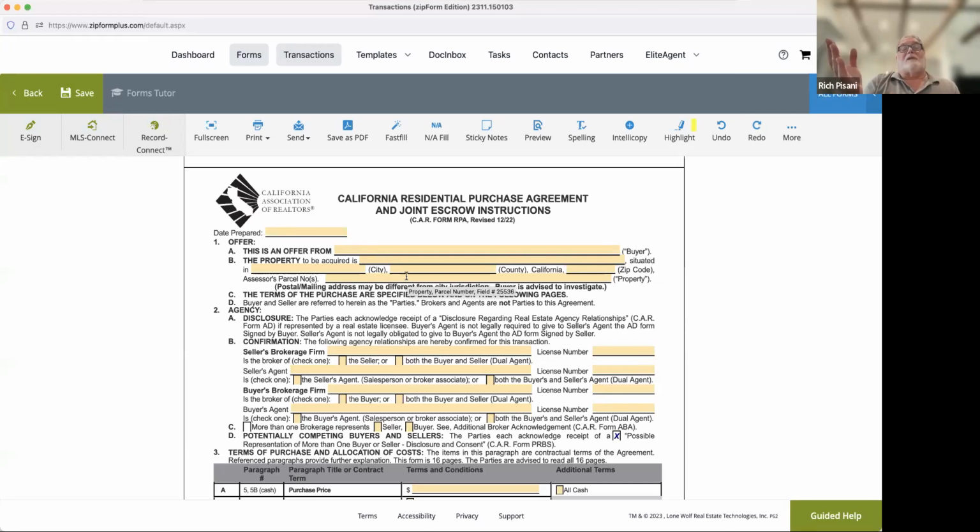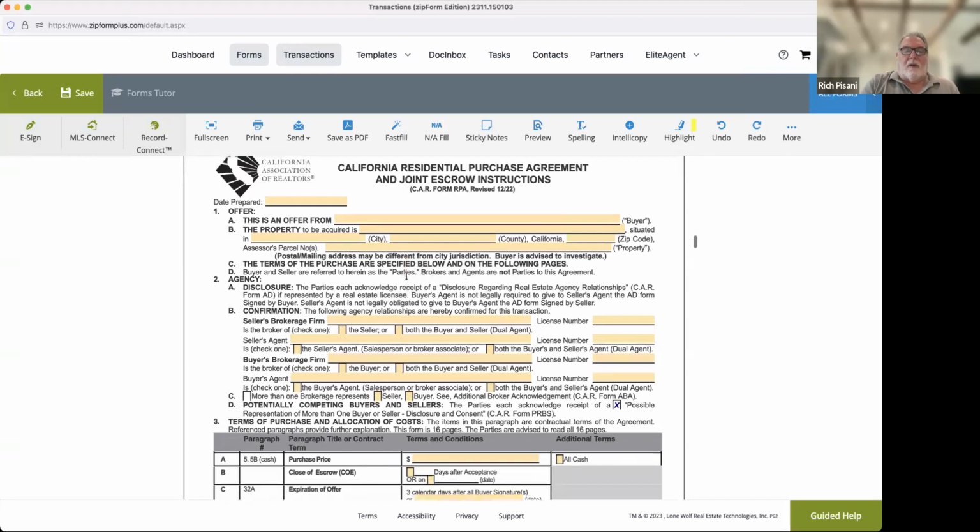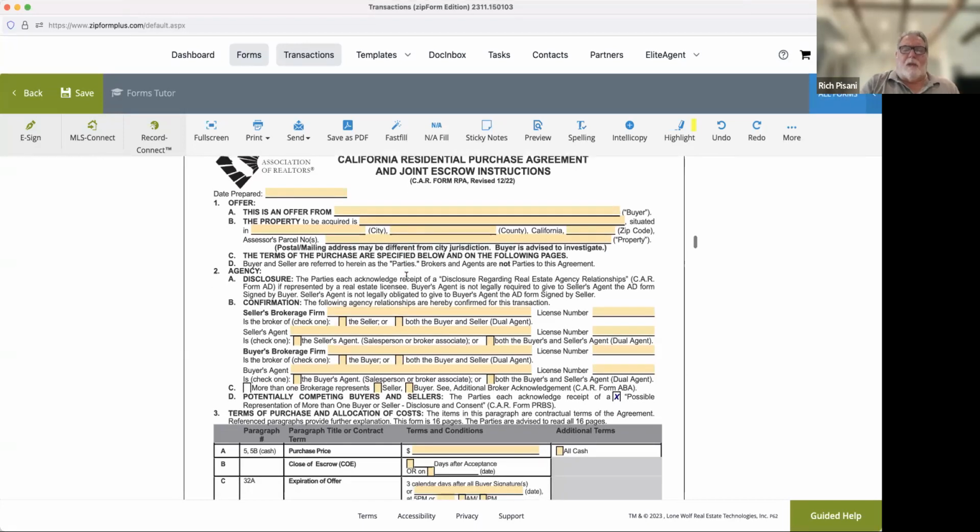You should be doing a quick search of the property profile in Realist, and that will tell you who the seller is, because you need to know who the seller is. It will also give you the parcel number, and it's also in the MLS. So that's the important part: who the offer is from and what property we're bidding on.